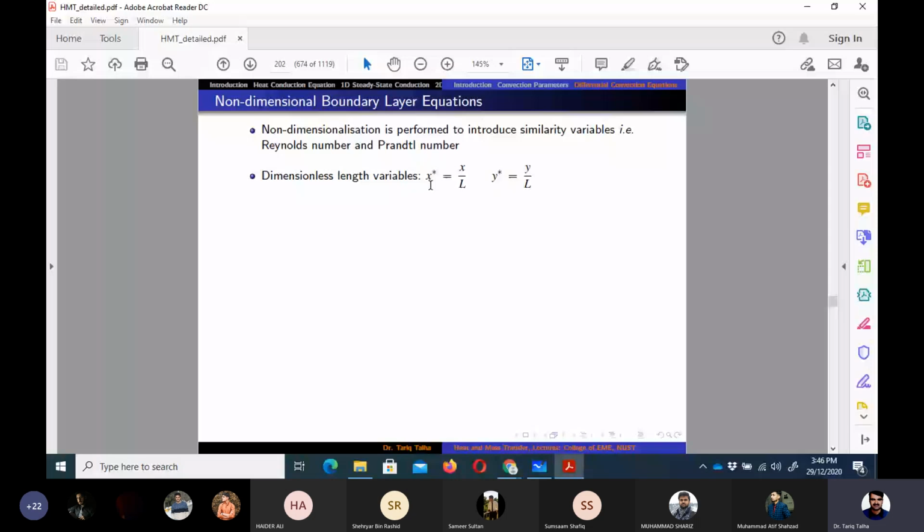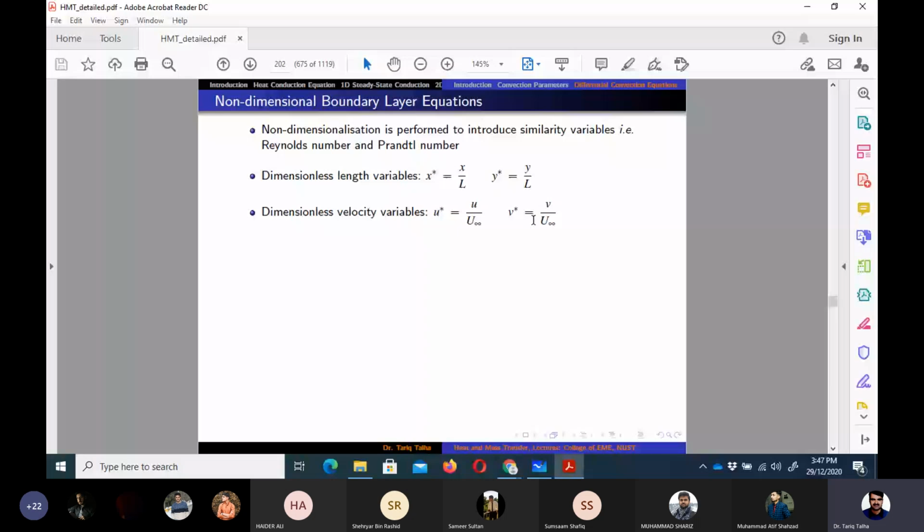We non-dimensionalize it by using the length of that flat plate, which is L in this case. And in order to non-dimensionalize the velocity variable, we are using u infinity, which is the free stream velocity. That makes sense for the external flow over a boundary layer.